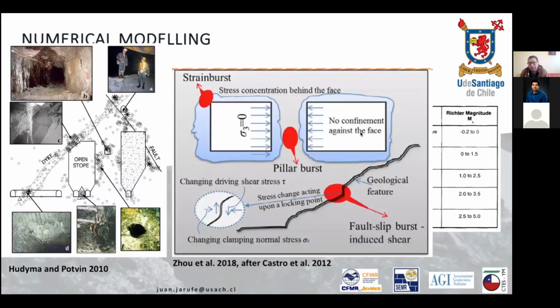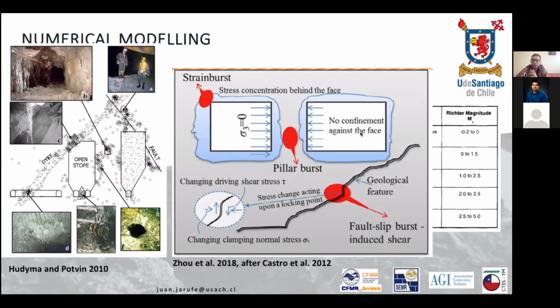However, Gibowicz and Kijko did very intensive research on all source mechanisms, and they finally concluded the same as is shown in this picture: there are just two big groups of seismic events. Those that are directly related to the volume you are blasting, so you have seismicity close to your volume, close in location and close in time, and those other seismic events that are not directly linked to your blast.